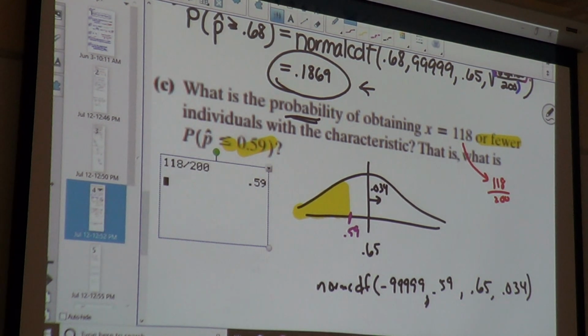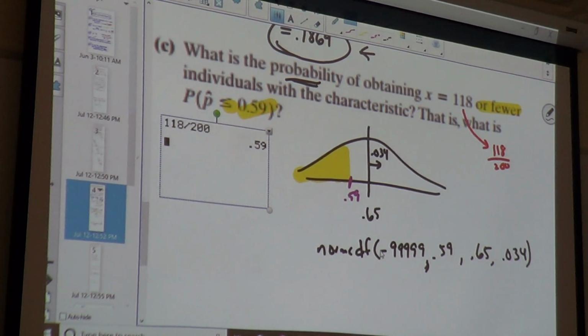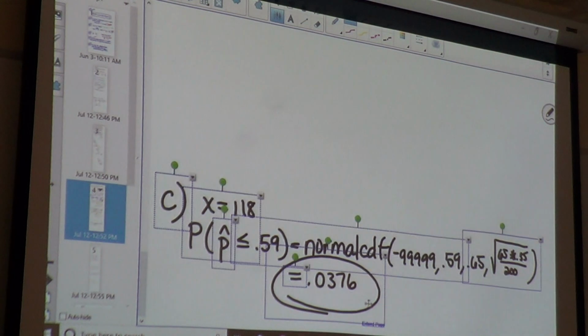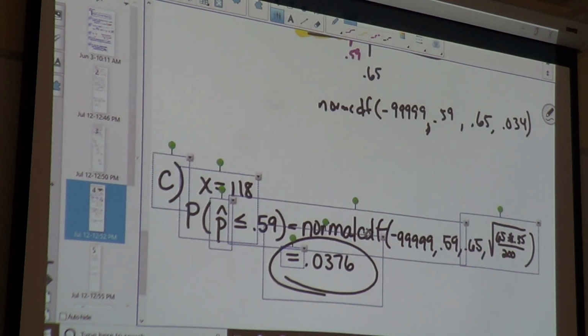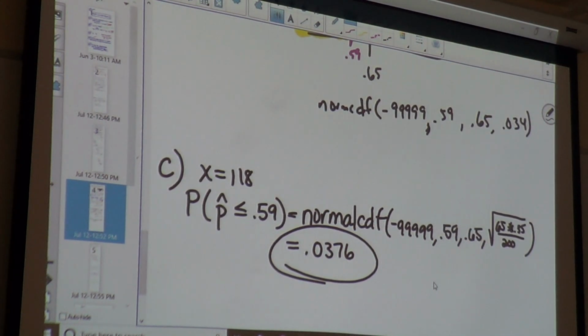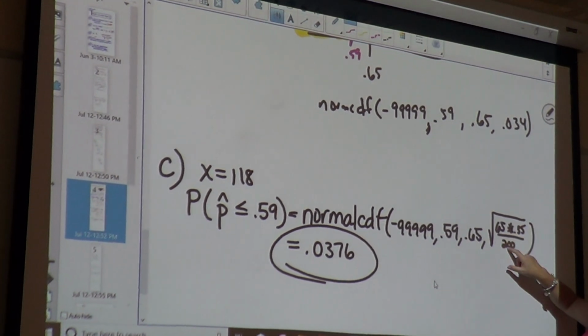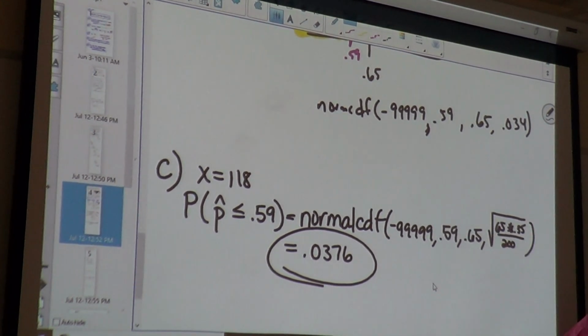So negative 9999 to 0.59, mean 0.65, standard deviation 0.034. And then if I come down, that will show you that your part that's shaded is 3.76% when you plug it into the calculator. And then here, they just chose to do the square root of that times that divided by that wrapped up. Yes?